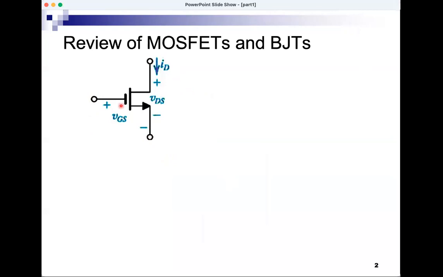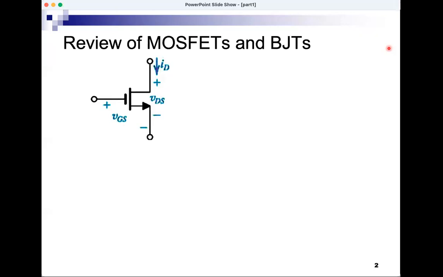We have two voltages that enter in the equations of the MOSFET current, the VGS, the MOSFET gate to source voltage, and VDS, the MOSFET drain to source voltage, so VGS and VDS.